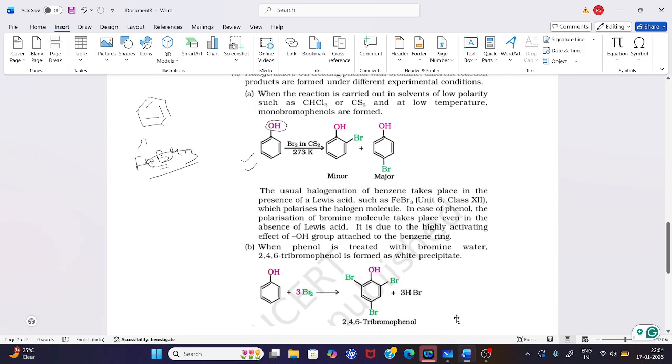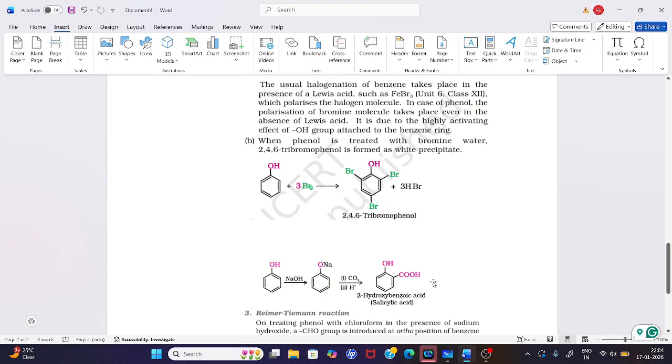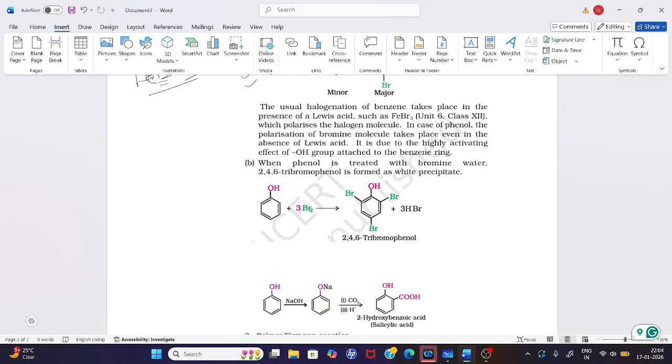Another thing, very important for these last two reactions which I'm going to explain. First is when you treat phenol with bromine water, and second is when you treat phenol with normal bromine in carbon disulfide. So there are two types of solvents here.